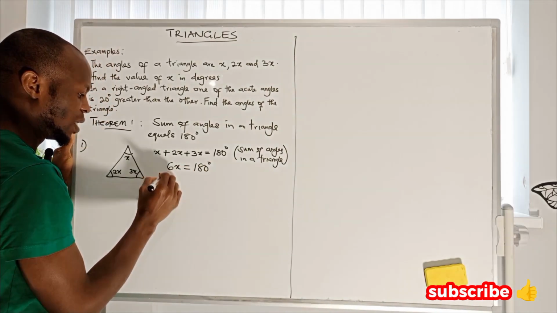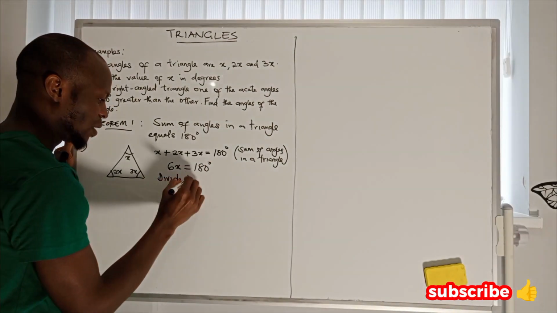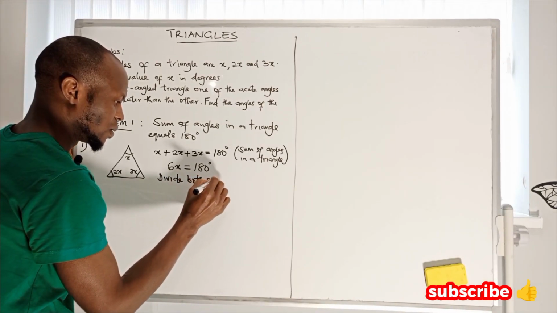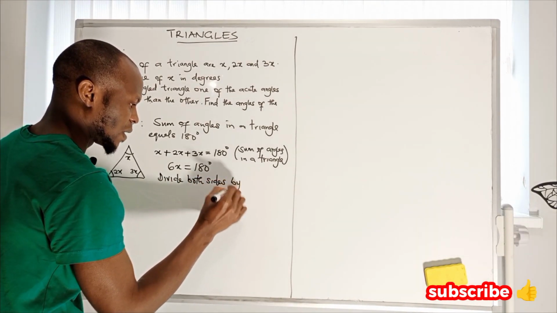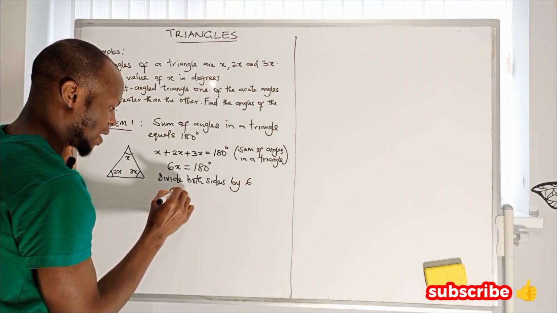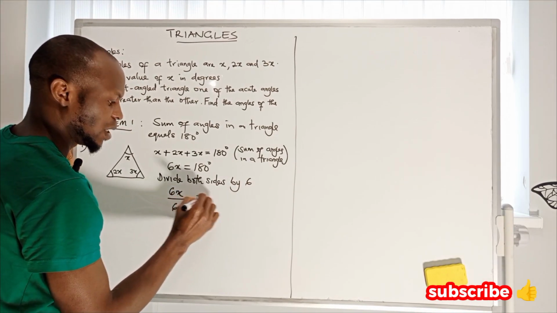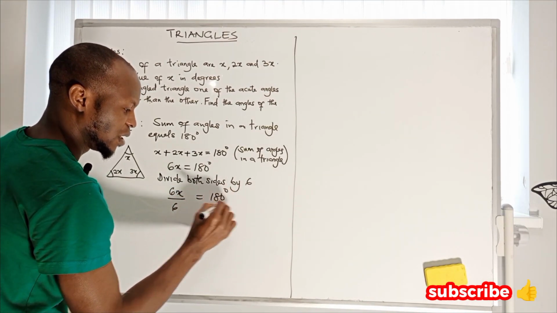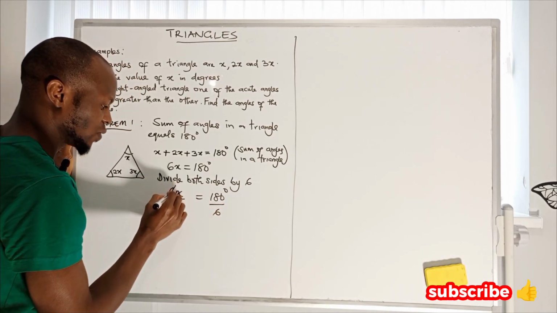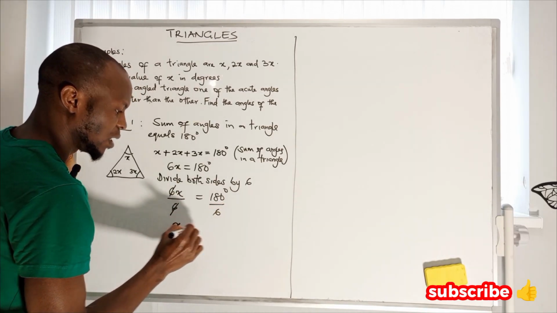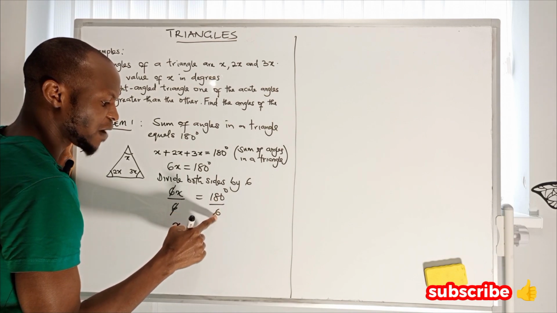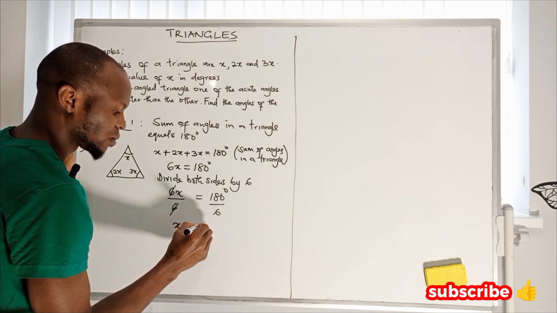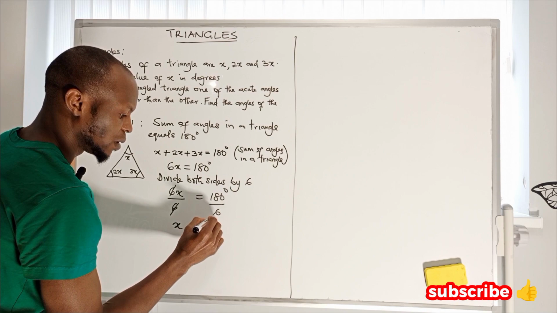If you divide both sides by 6, we have 6x divided by 6 equals to 180 degree divided by 6. 6 will cancel 6. So my x equals to 180 divided by 6 will give us 30 degree.